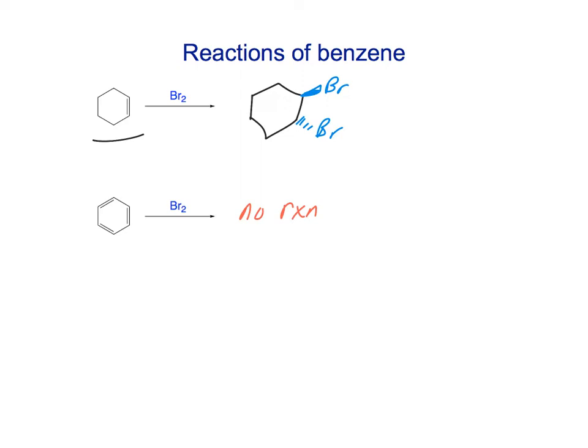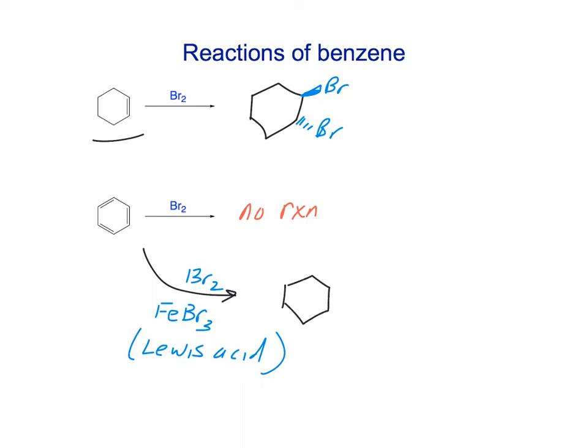However, if we add bromine and a catalyst, in this case iron tribromide, which functions as a Lewis acid, and I should have 2 there, then we don't get the addition reaction, but a substitution reaction.